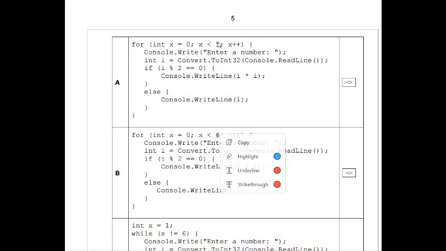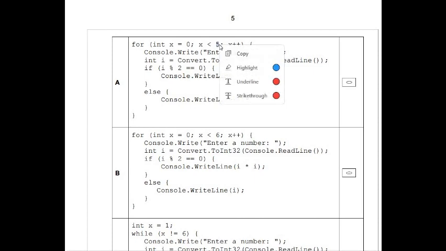If you have a look at A, it's got a 5, and we want it to loop 5 times, which shows that A is the correct answer. So in a question like that, you need to have a keen eye on this.